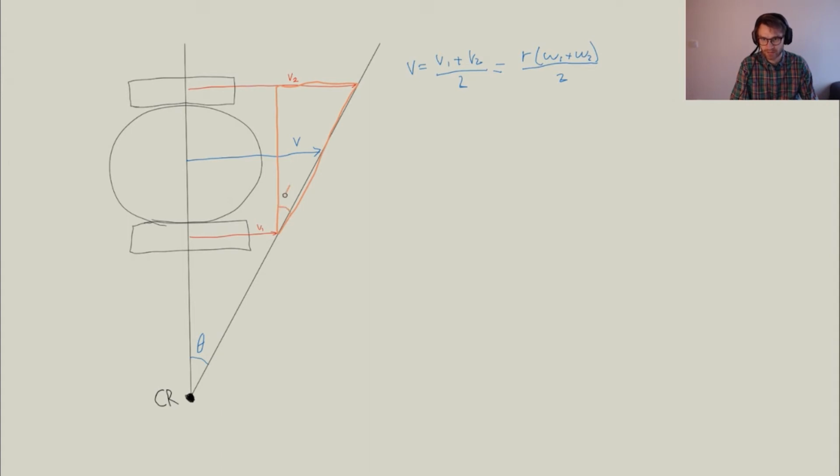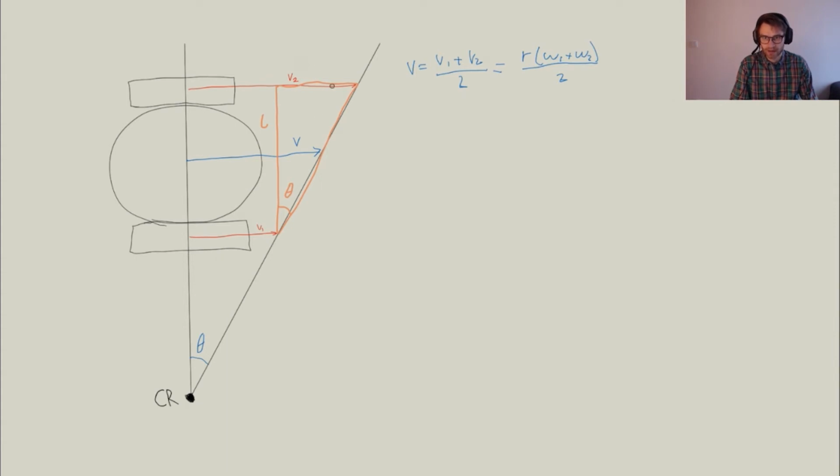So here we have the same theta as we had here. And now this distance between the two wheels, let's denote it L. It's the wheelbase of the Turtlebot. It's something that we know. Again, similar to the radius of a wheel, it is a constant value.